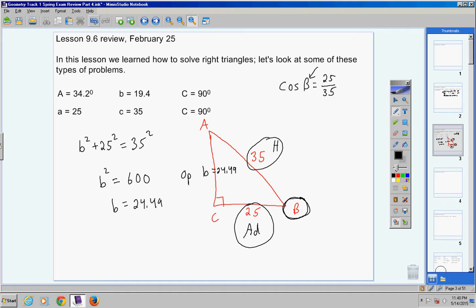So this is the time on your calculator when you use your inverse button, cosine to the -1, then you type in 25 over 35, and then hit enter, and you will get the correct answer as long as your calculator's in degrees. So I'm typing it out of my calculator, and I'm getting 44.42 degrees. So angle B is 44.42.